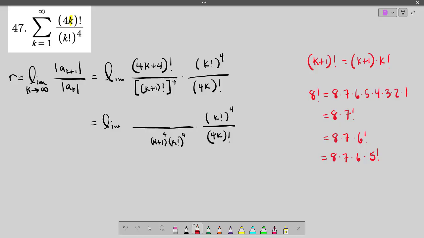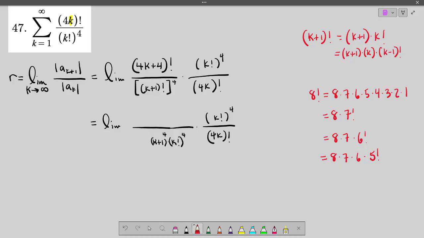If we had some oddball situation, we could keep going here as well. We could say, oh, well, this is k plus 1 times k times k minus 1 factorial. We can keep subtracting 1 and put in that factorial symbol wherever it's going to make the most sense when we're trying to cancel things.